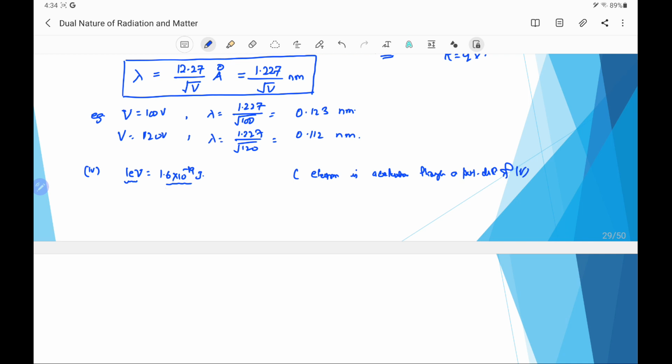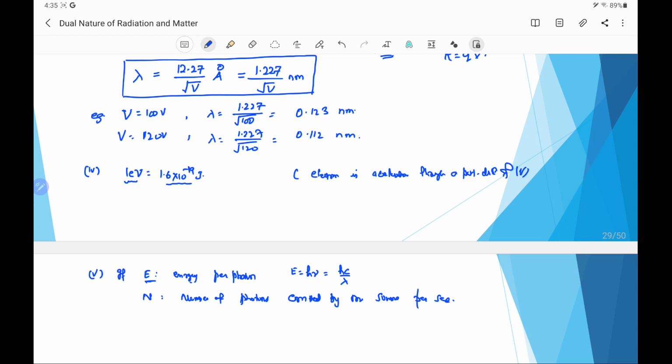Next point is, if E is the energy per photon, that is equal to h nu, or we can say it is hc by lambda, and n is the number of photons emitted by the source per second.